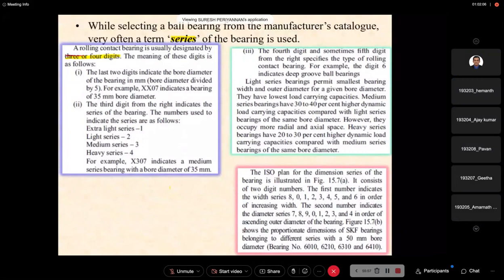First see here, the last 2 digits indicate the bore diameter of the bearing.